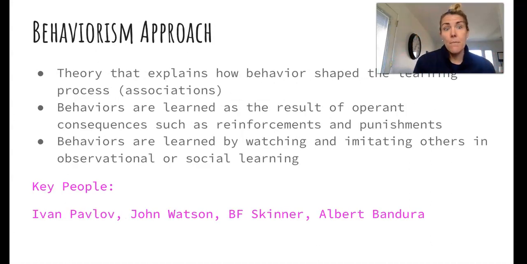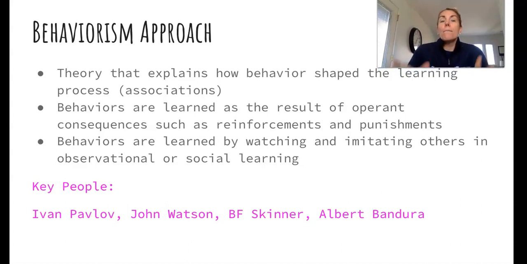Okay, behaviorism approach. This one, if we're looking at the fingers, the middle finger, remember? And this one explains behavior. Behavior shaped the learning processes because of associations of things and that classical conditioning.